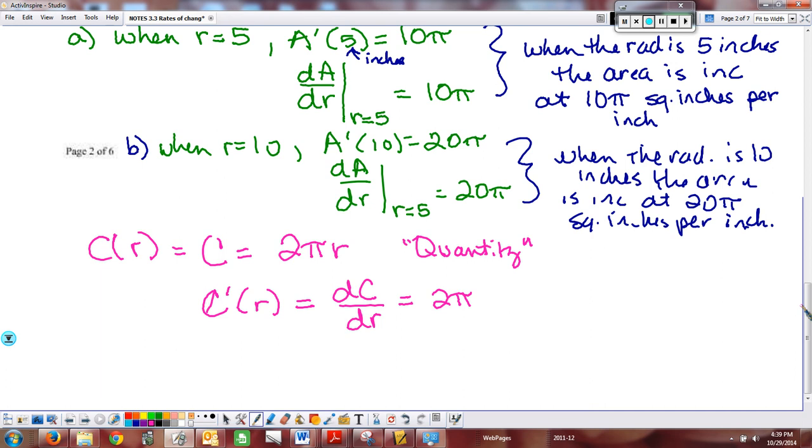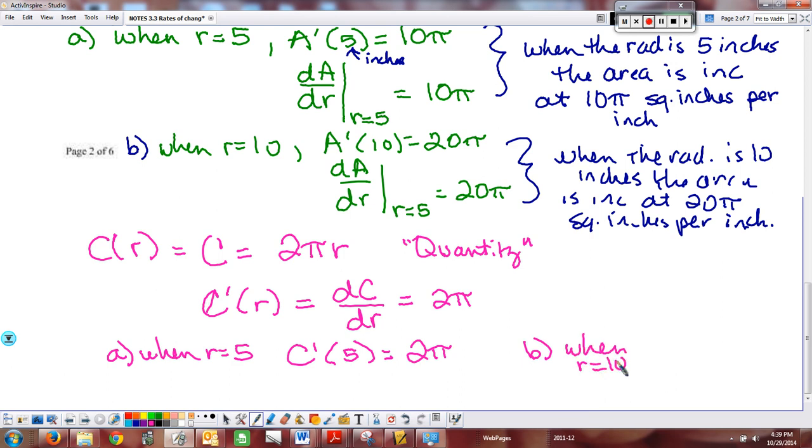Now, if I were to ask you for A, when r equals 5, because my C prime of r was constant, C prime of 5 is going to be, hey, 2 pi. For B, when r equals 10, C prime of 10, because it's constant, it's the same everywhere, is going to be 2 pi.